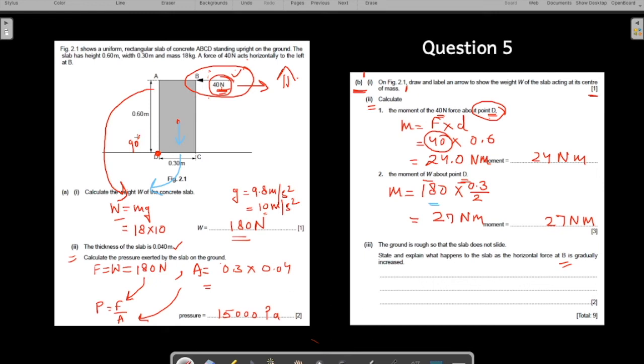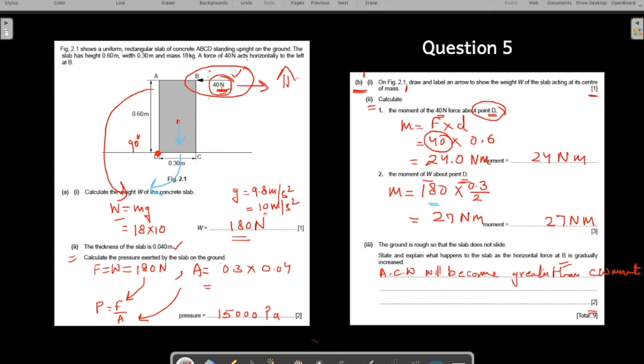So please be careful. It is a 2-mark question. You have to give 2 points in your answer to get both the marks. You say that the anti-clockwise moment will gradually increase and will ultimately become greater than the clockwise moment.